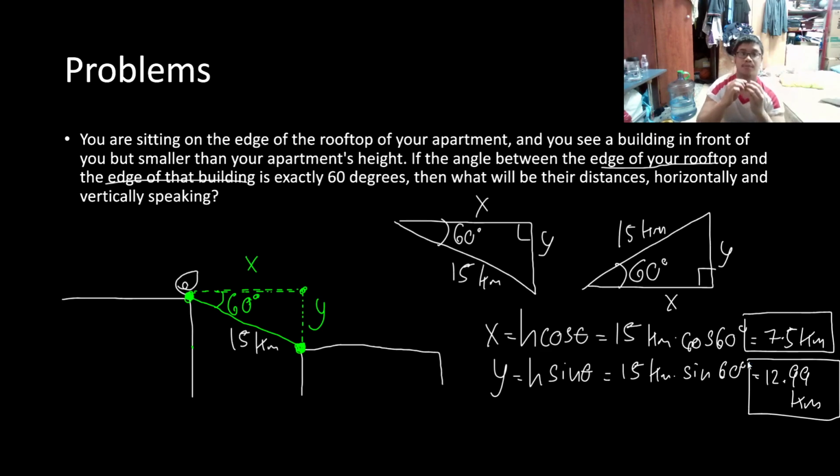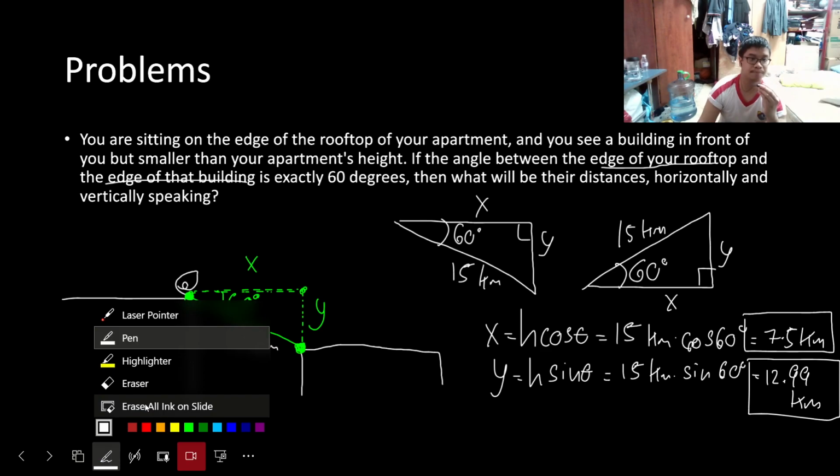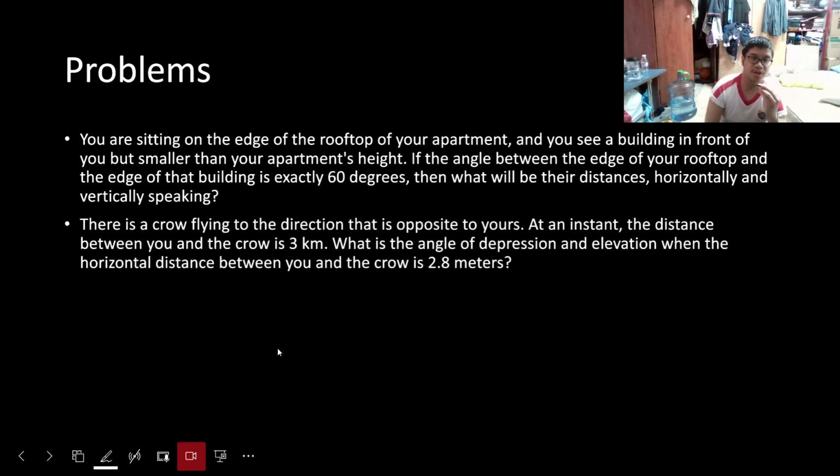Now, lastly, our problem is this. There is a crow flying in the direction opposite to yours. At an instant, the distance between you and the crow is 3 kilometers. What is the angle of depression and elevation when the horizontal distance between you and the crow is 2.8 meters? Again, visualize. This is you, and assume that this is a crow.